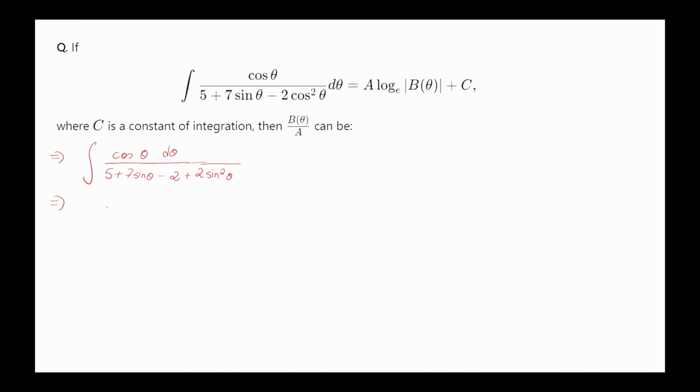Now I'll assume sin theta to be t, so cos theta d theta is equal to dt. My integration would now transform into dt on top, and below I would have 2t square plus 7t plus 3. So this is the integration that I have.